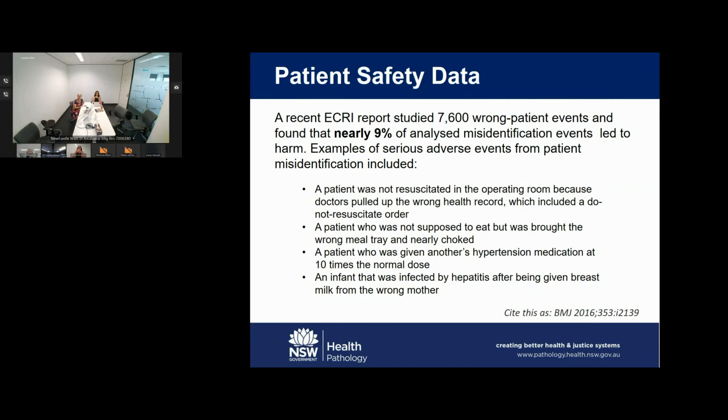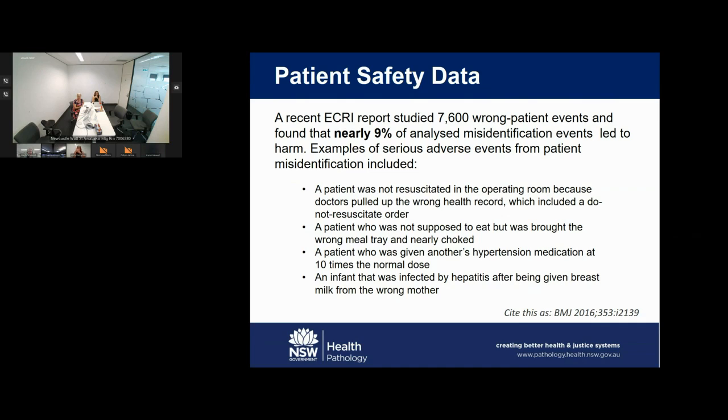And as you can see in those 4 examples, they range from a patient being resuscitated that in fact had asked not to be resuscitated, a patient that was bought the wrong meal and had an allergy that almost caused him to choke, and also wrong medications and wrong breast milk delivered to a baby from a patient that actually had hepatitis.